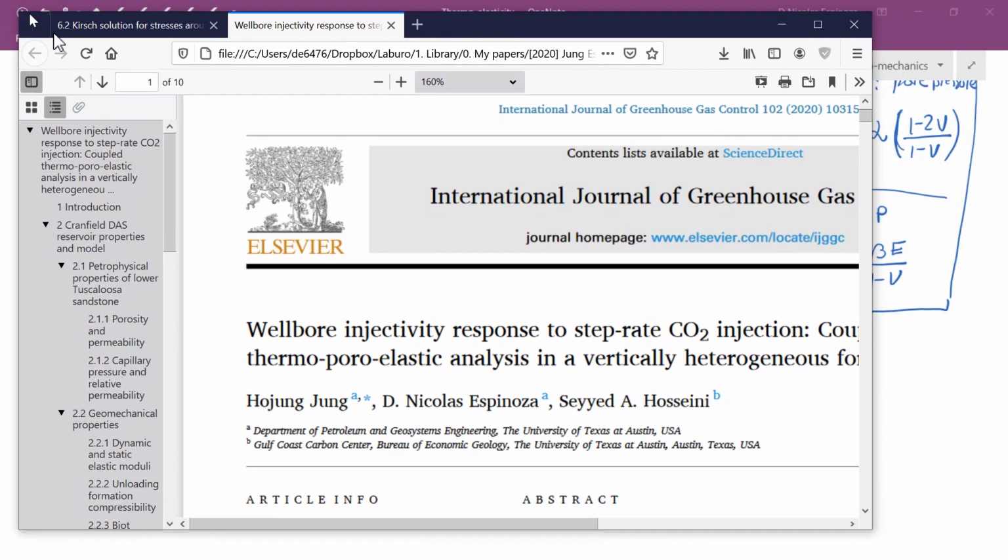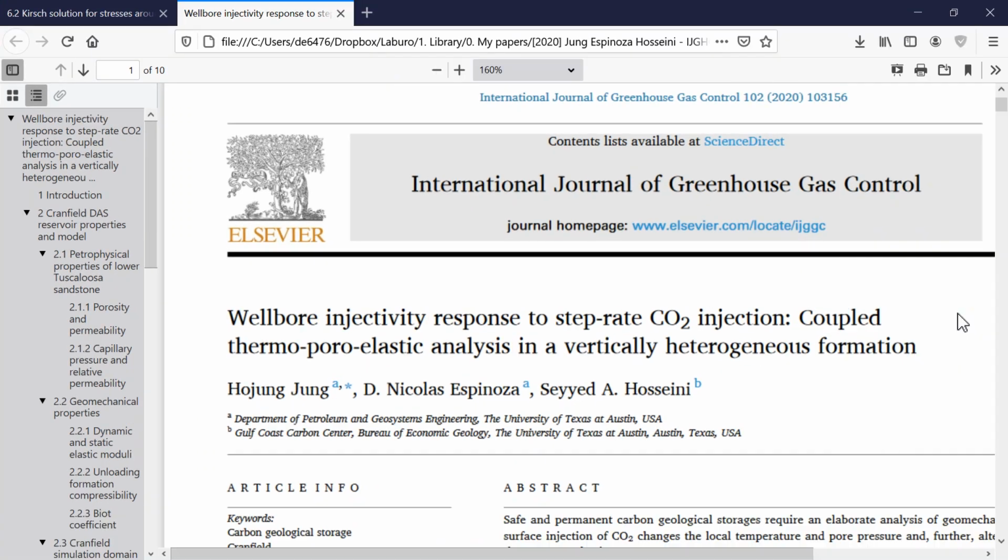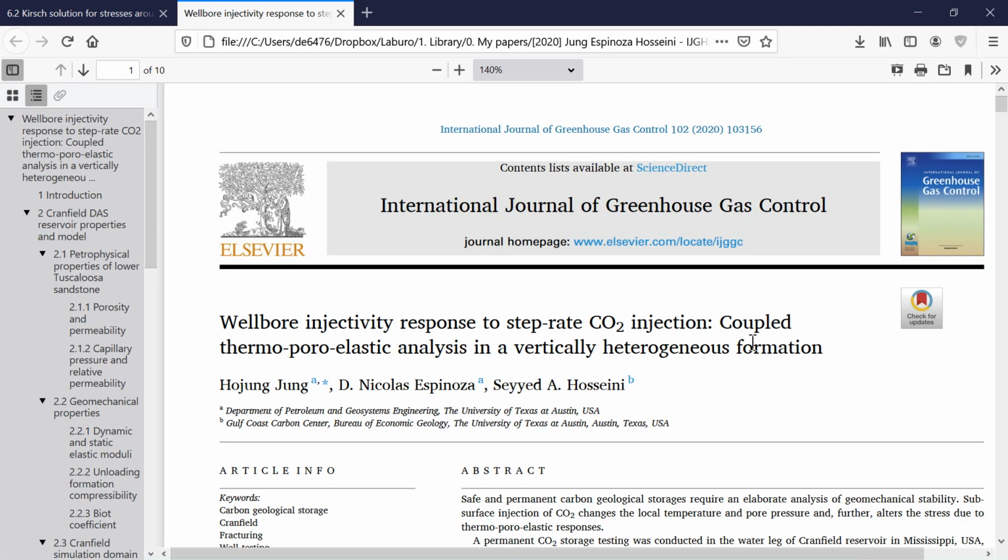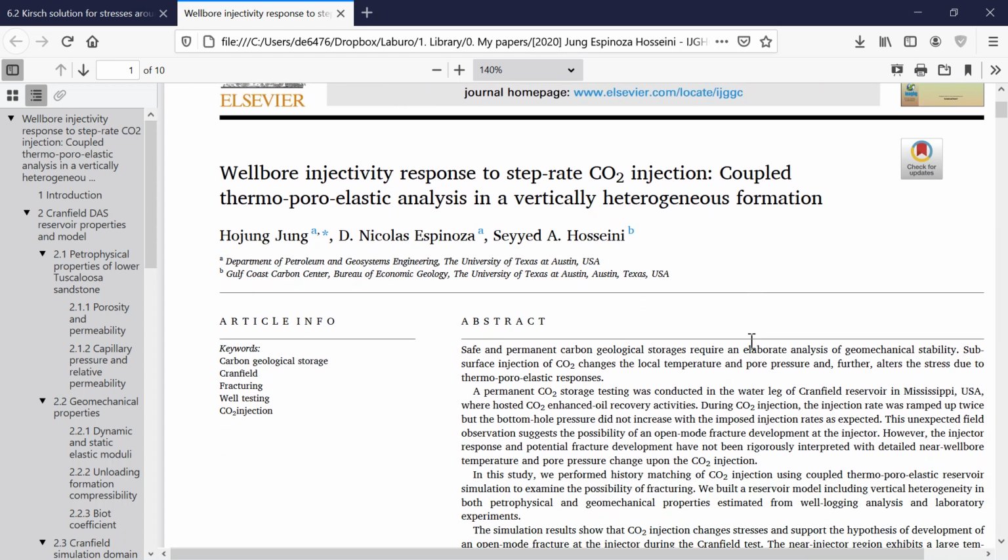And here I have a paper that I recently published with two collaborators, in which we look at what would be the response of an injector running a step rate test to the injection of carbon dioxide at ambient conditions.